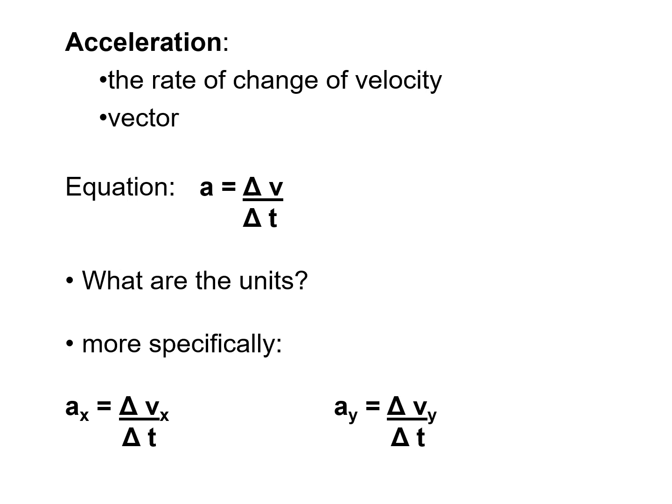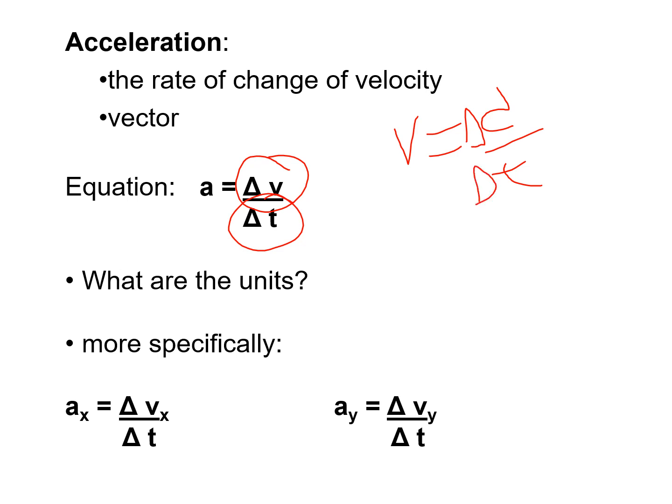So acceleration is a change in velocity over time. Since velocity is equal to displacement over time, and we're dividing by time again, our common units for acceleration, unless otherwise specified, is meters per second squared.